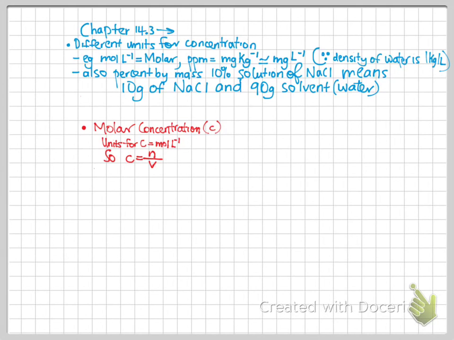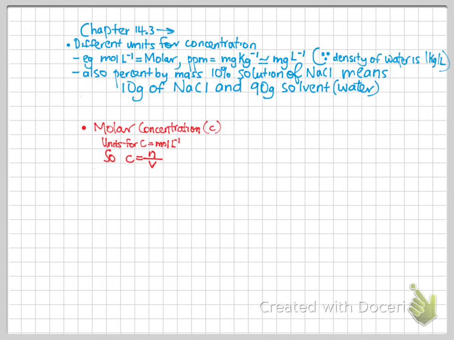One is ppm, which stands for parts per million, which is milligrams of solute per kg of solvent, and sometimes milligrams of solute per liter of solvent.